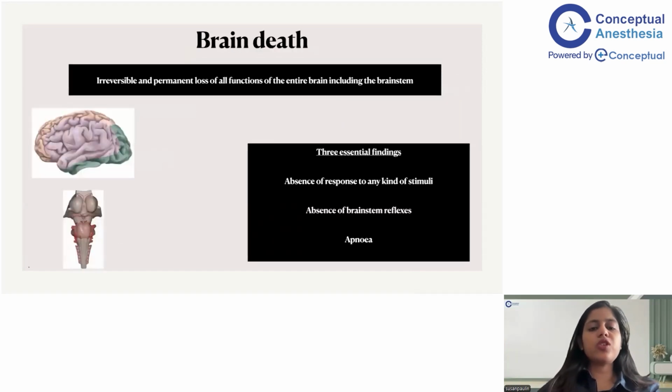Later on, these definitions were modified, and currently the American Academy of Neurology has defined brain death as an irreversible and permanent loss of all functions of the entire brain, including the brainstem. So the three essential findings important here are the absence of response to any kind of stimulus, absence of brainstem reflexes, and the presence of apnea.